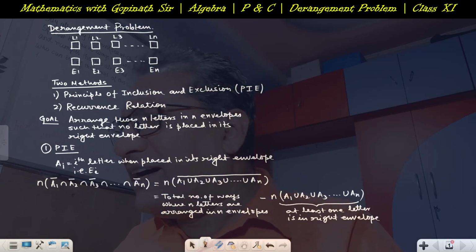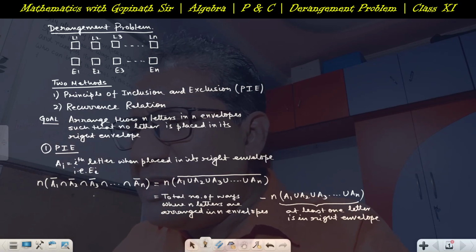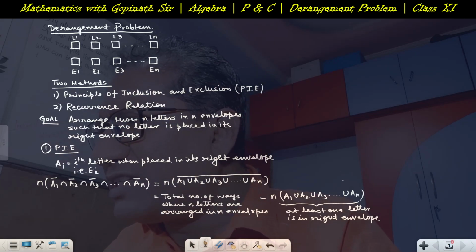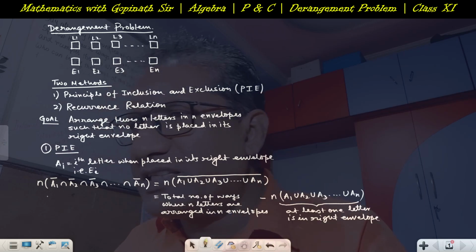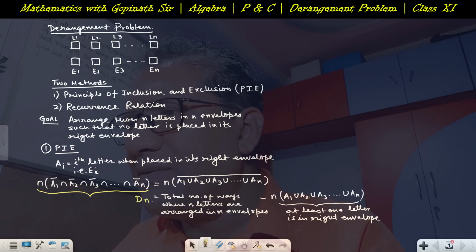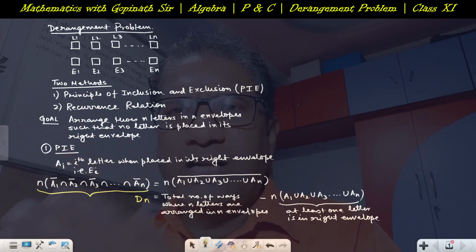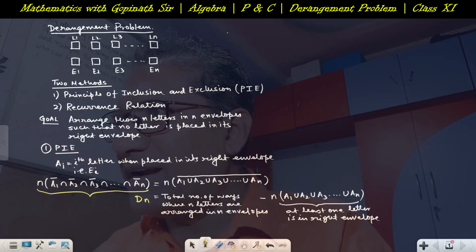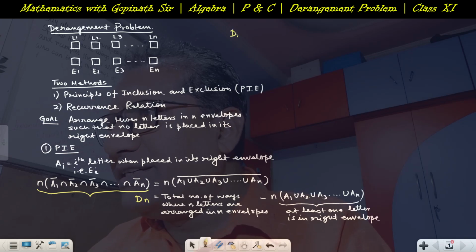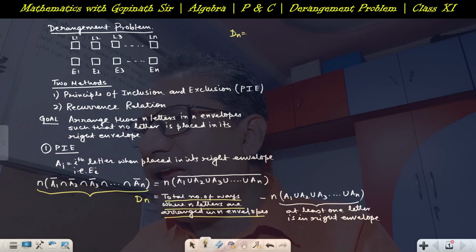Now, what will be the total number of ways when n letters are arranged in n envelopes? But before that, let me denote this by dn. This dn represents the total number of derangements possible. So dn gives us, first, the total number of ways where n letters are arranged in n envelopes.